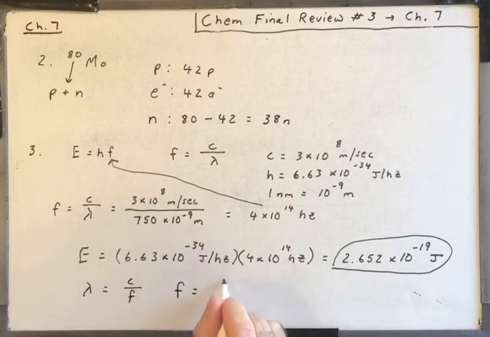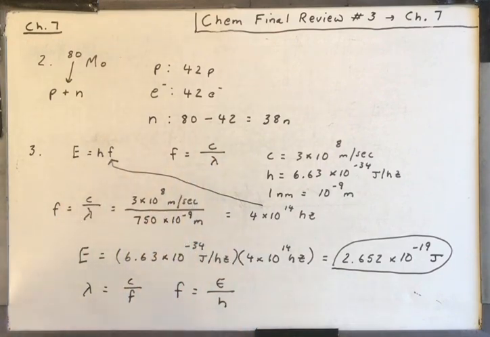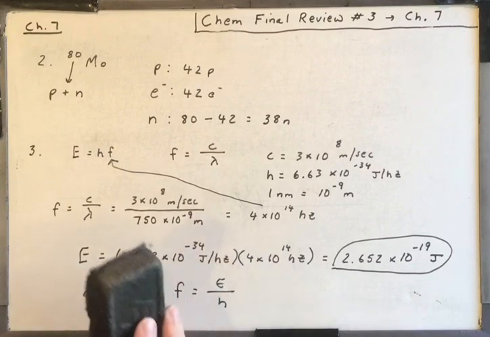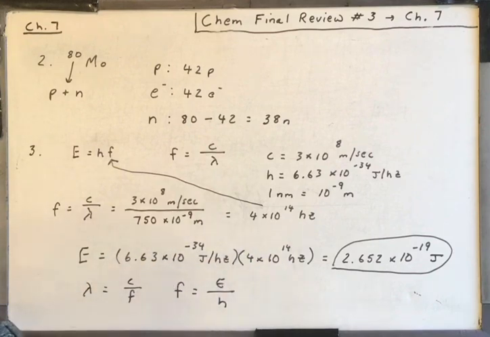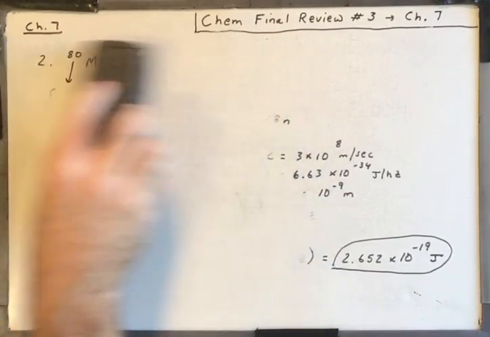Frequency is equal to E over Planck's constant. You may have to rearrange these. Just practice a couple of those from chapter 7. Practice problems or extra practice problems to get a little more experience with these. All right, that's number 3. Let's see if we can finish this up with number 4 and 5.